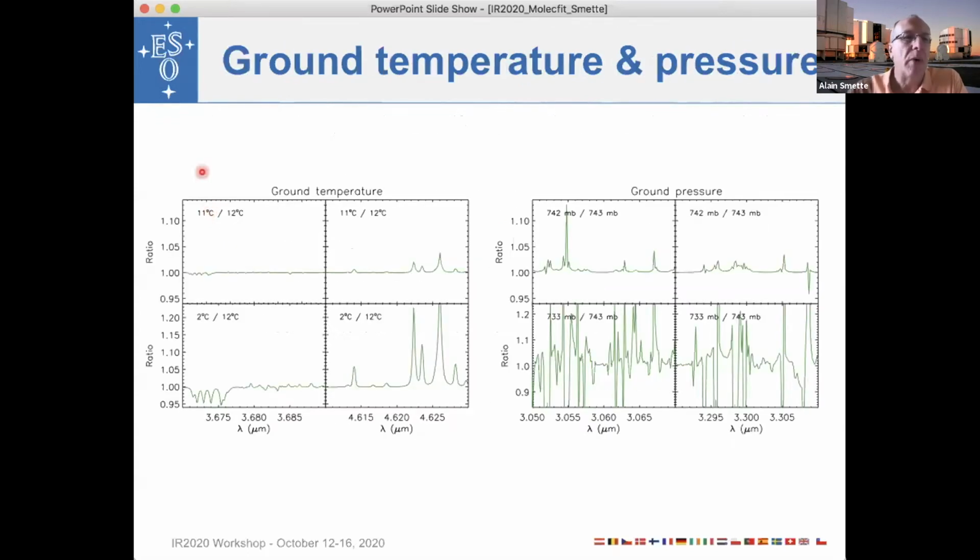And why this is important, here are two figures to show this, showing that if there is a small 1 degree difference in the measurement of the ground temperature, we can in some cases already have several percent differences in the ratio between the transmission spectra. And a similar aspect can be seen if we have a difference in the ground pressure.